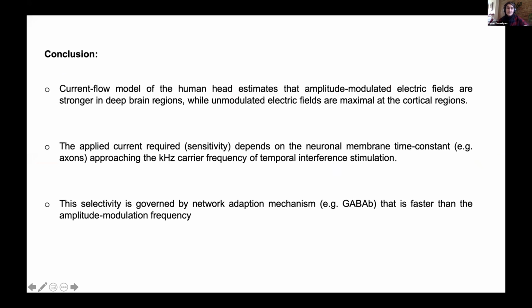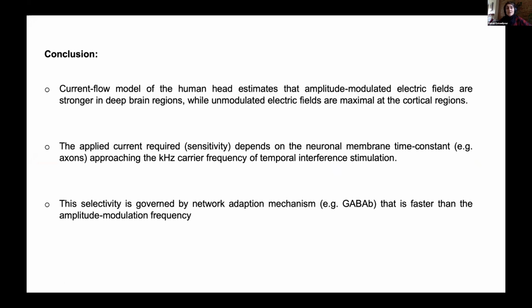So in conclusion, we tried to model the amplitude modulation, and we saw that cortical areas are exposed to unmodulated waveforms with high intensity. However, deep brain regions are exposed to amplitude modulation with less current or less electric field.